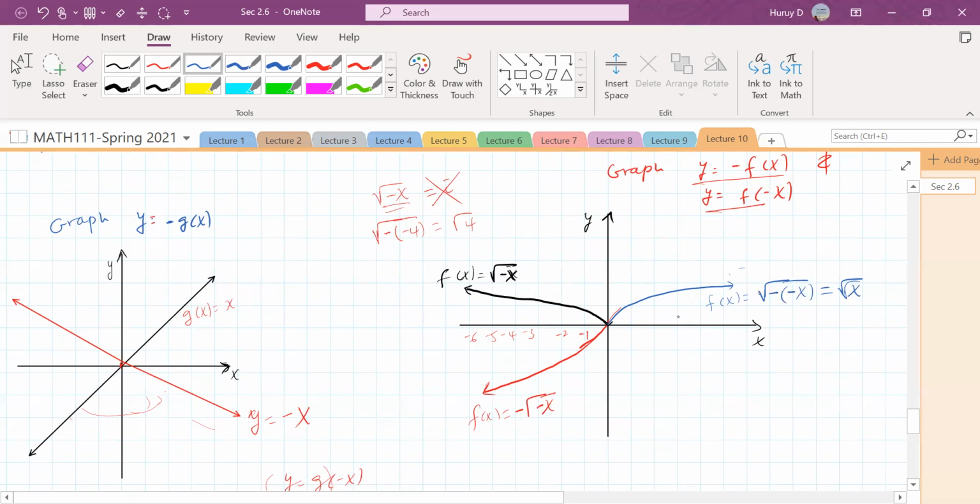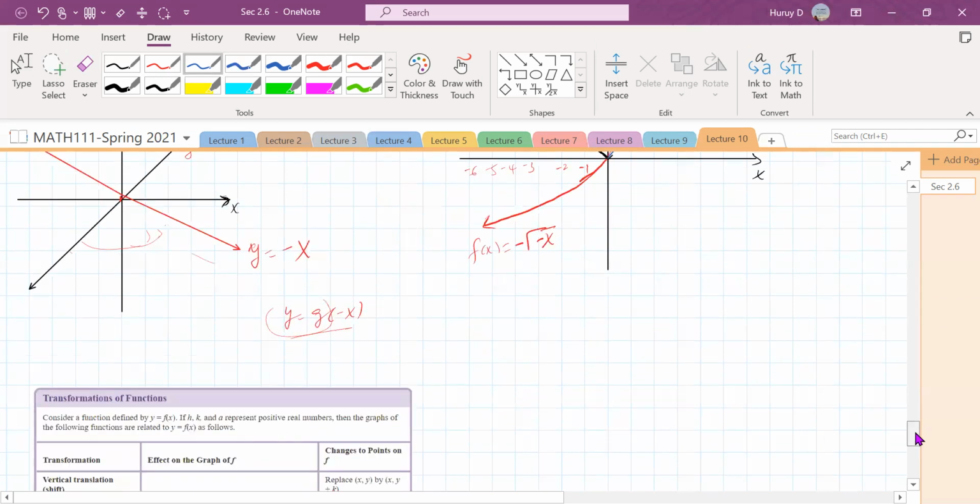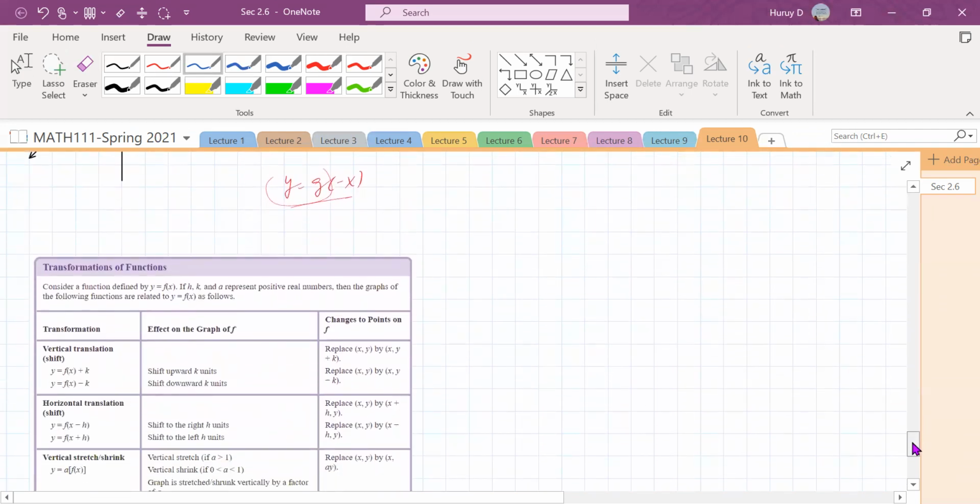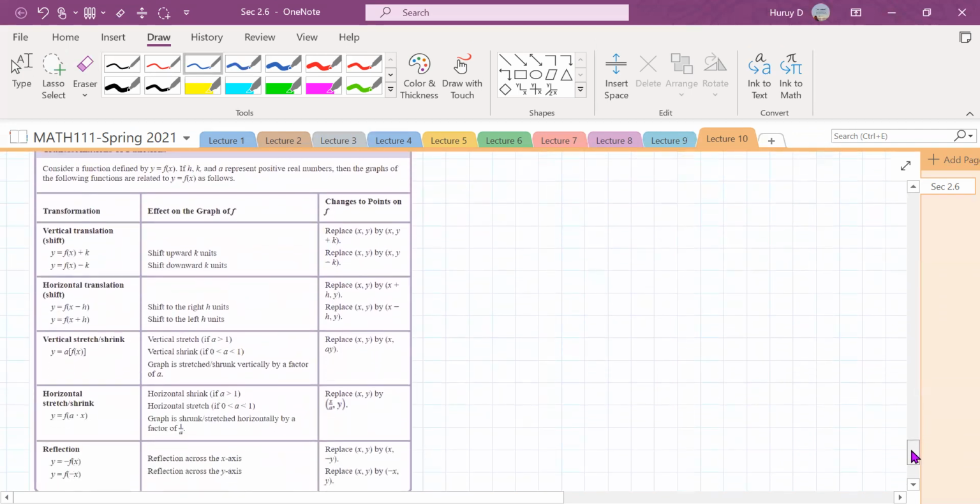That way it saves time and it's much easier. And when we go higher in the mathematics courses, this will be very helpful. So it's good to really understand this topic.